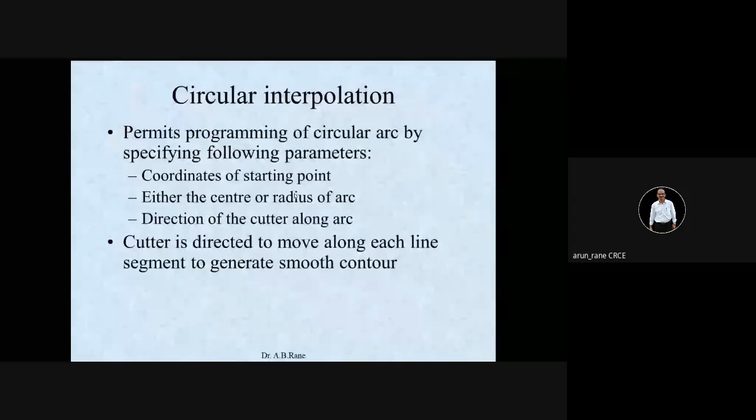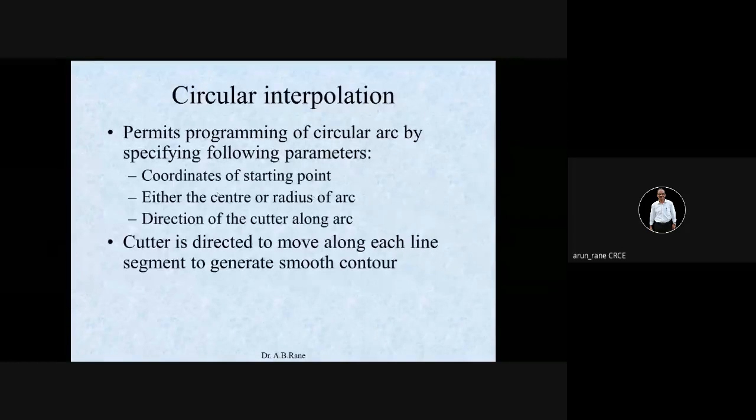If you give the center, then the controller will automatically calculate the radius, or if you give the radius, the controller will automatically calculate the center. But you will also need to give the direction of the cutter, that is, whether the arc is clockwise or counterclockwise. Only then will the controller understand how to move the machine.